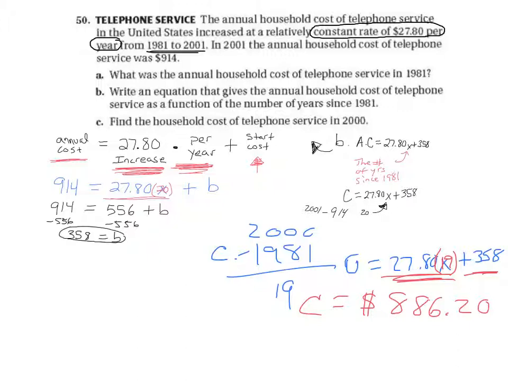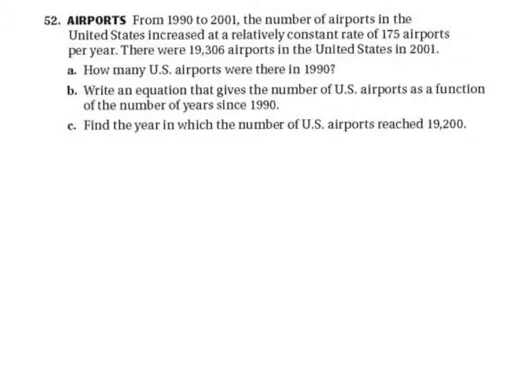Moving on. Here's a problem that's very similar. Perhaps you can pause the video, try this one yourself, reference the one before, and see if you can come up with a good answer. Pause it. Okay, here we're going to do some work with this.